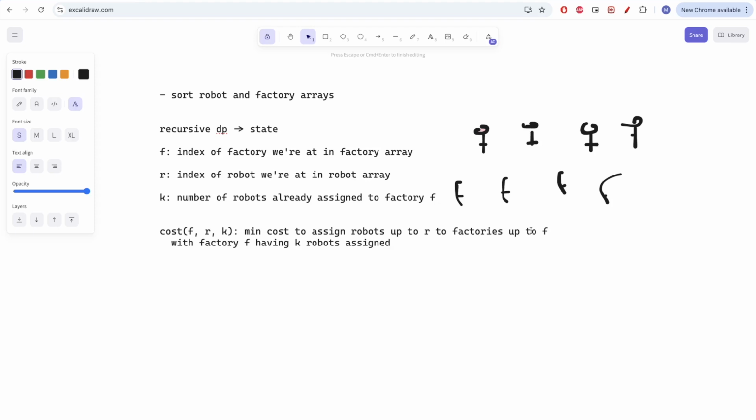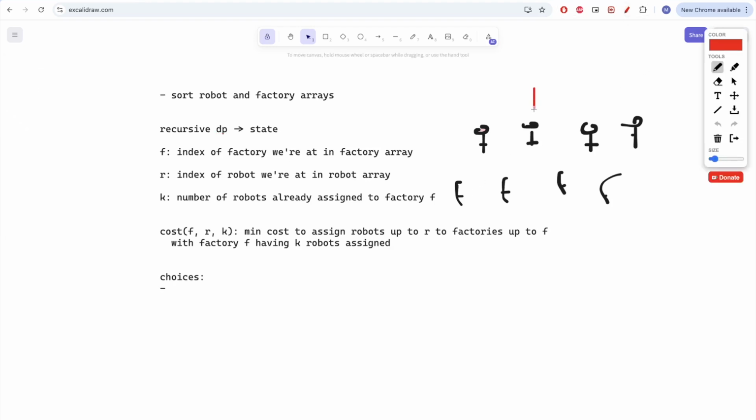Okay, so now we need to examine for each robot what the choices are. That's what we need with dynamic programming here. So we have 2 choices for robot R at each point in time. When we are here, if the current factory still has capacity, we can either assign the robot to it, or we can skip it and go to the next one. Okay?